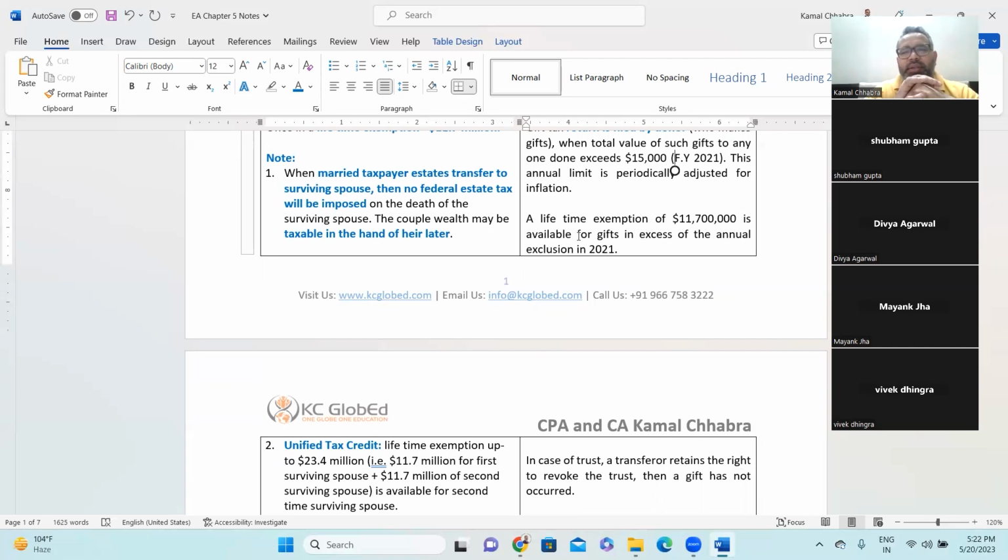For any reason, let's say one spouse died, and all the property of one spouse goes into the hands of the other spouse. At that point of time, it is not taxable. But let's assume the other spouse also dies, and then the entire property goes into the hands of the legal heirs, maybe their son, daughter, grandson, granddaughter. In that scenario, it will be taxable.